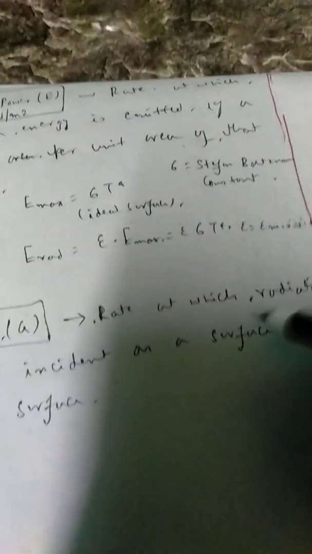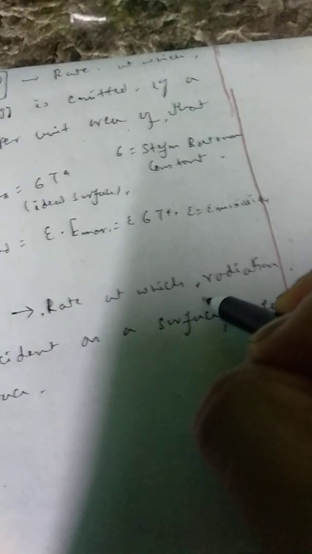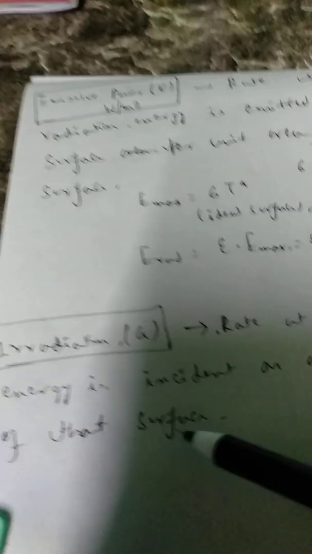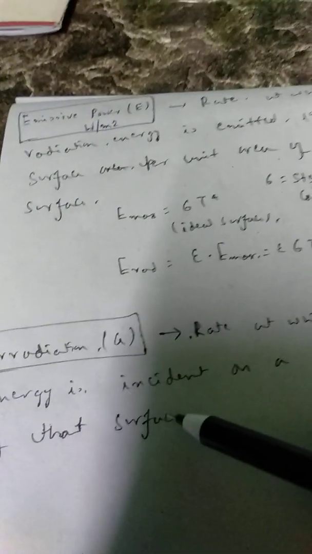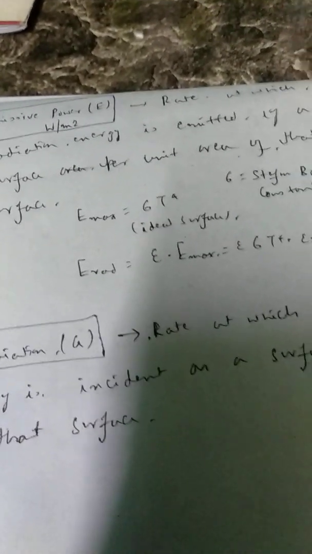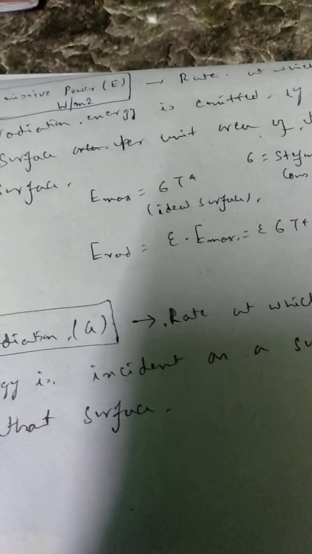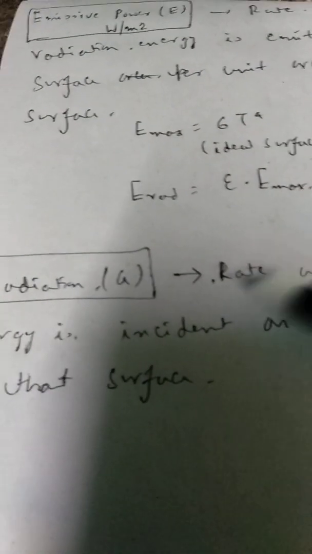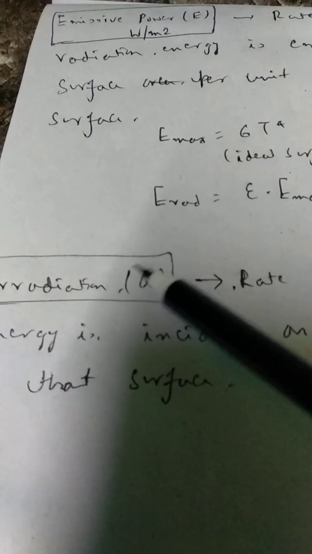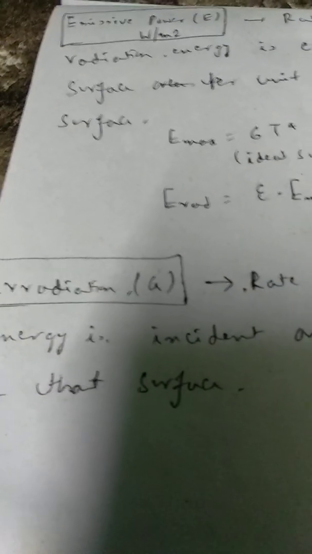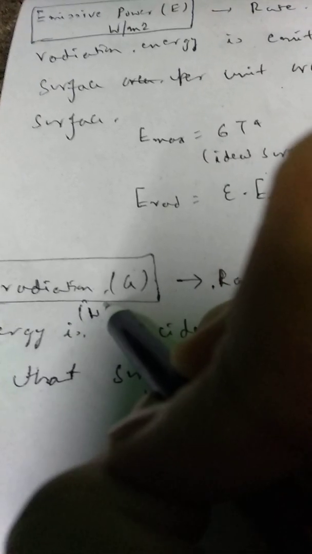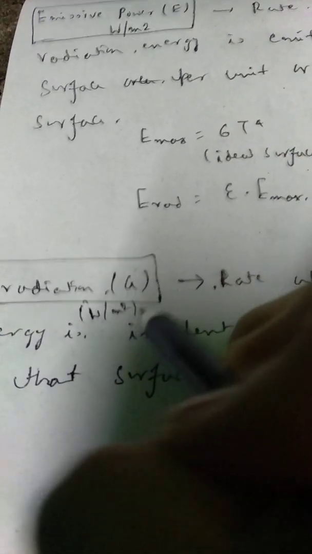So this is energy incident per unit area, the energy which is falling per unit area of the surface. This is denoted by capital G, and this is a flux, so its unit will also be watt per meter square.